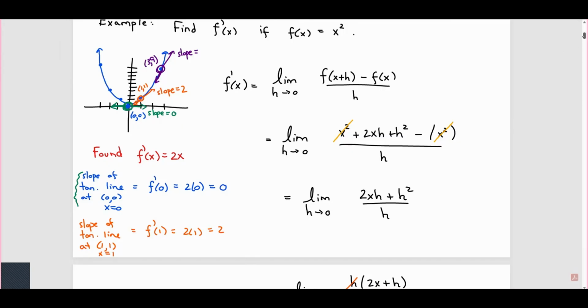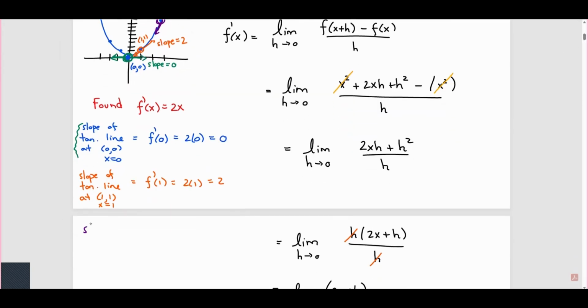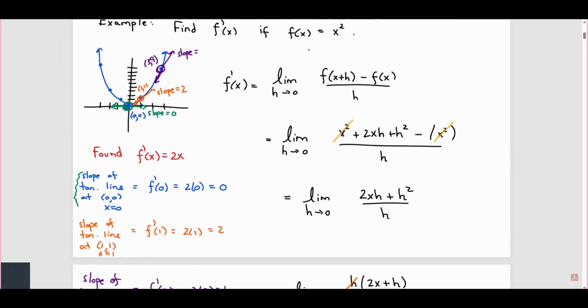Okay, so let's go ahead and find the slope of my tangent line at 3, 9. All I need to do is plug in x equal to 3 into my derivative. So that's f prime at 3. That would be 2 times 3, which is 6. And so I find that the slope of my tangent line here is 6.